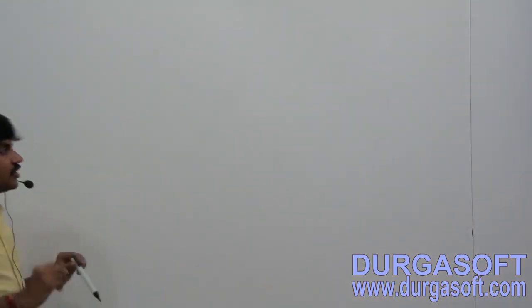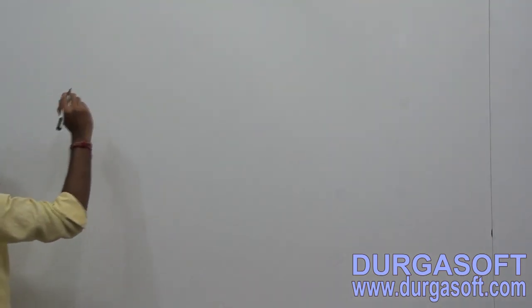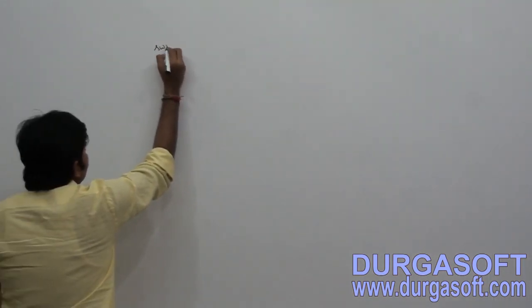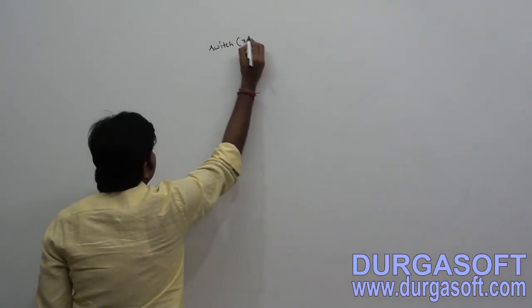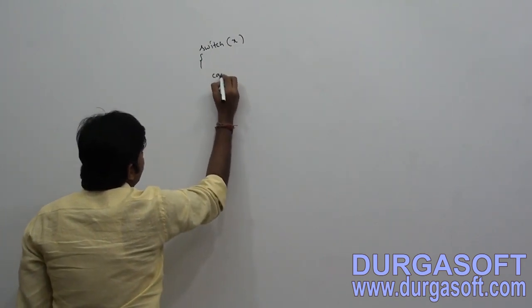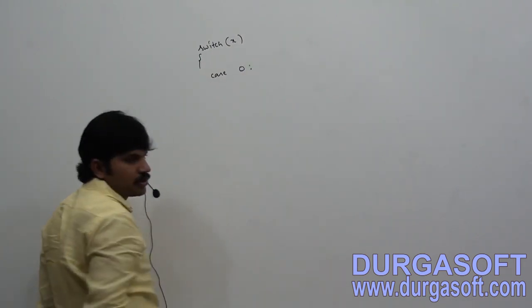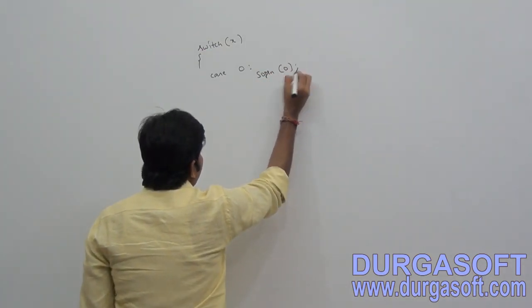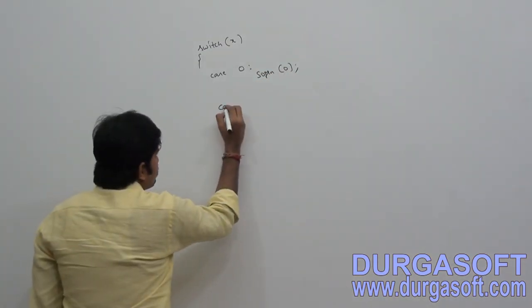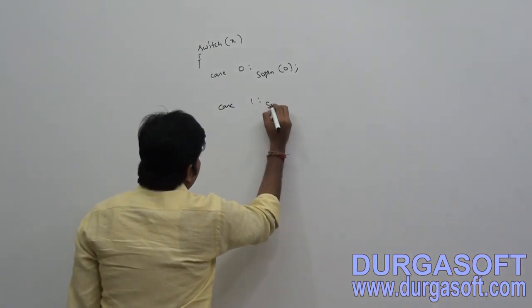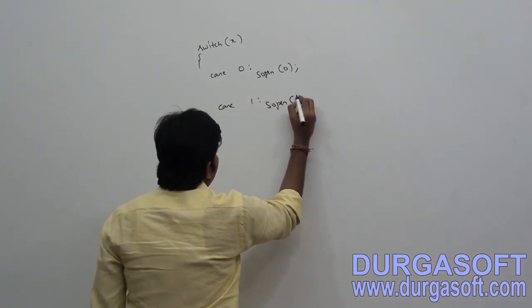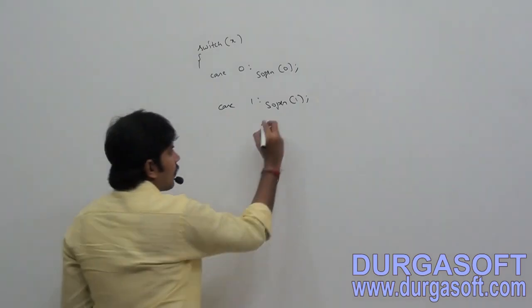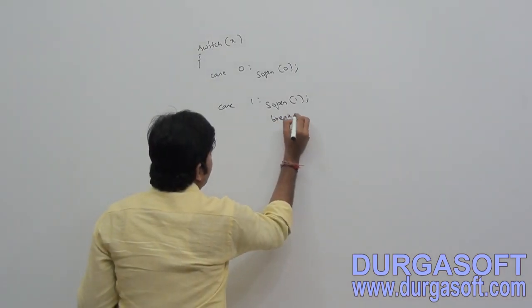Now again, the majority of the people have a doubt in this case. Here observe, I'm taking switch off X. Case 0, System.out.println of 0. Next, case 1, System.out.println of 1 followed by break.